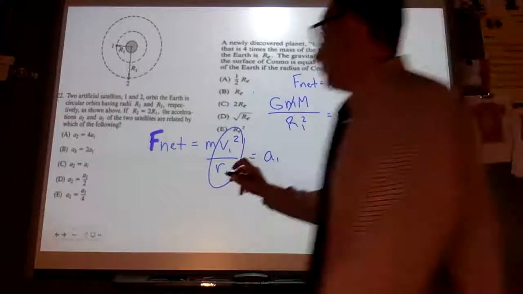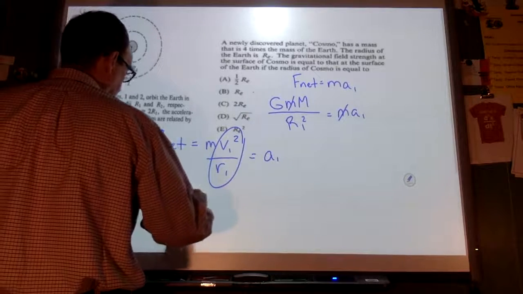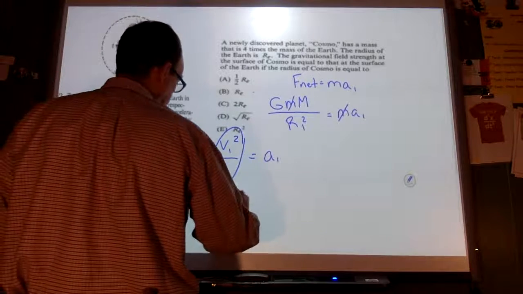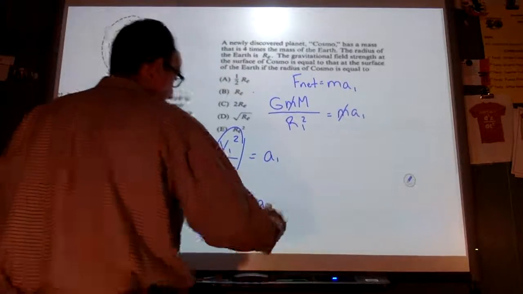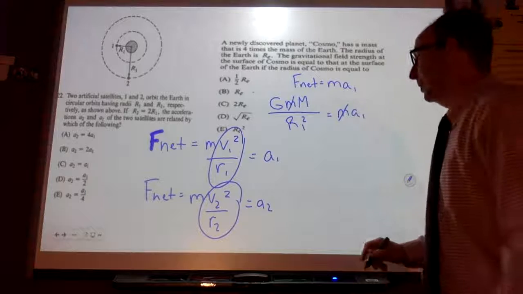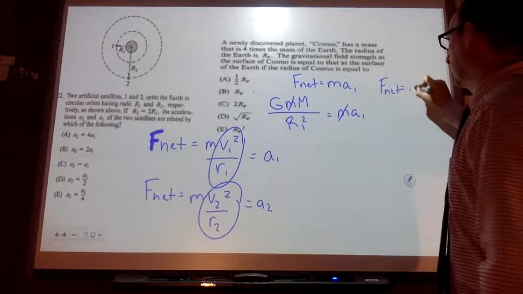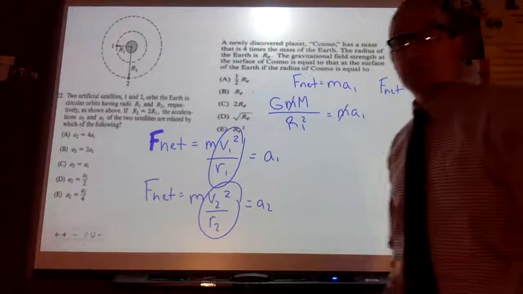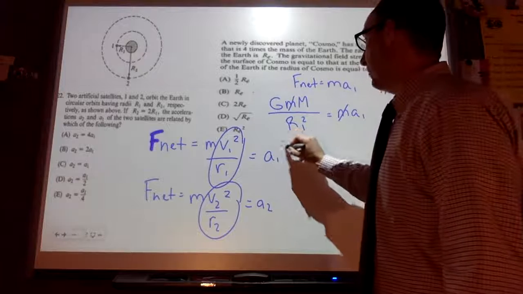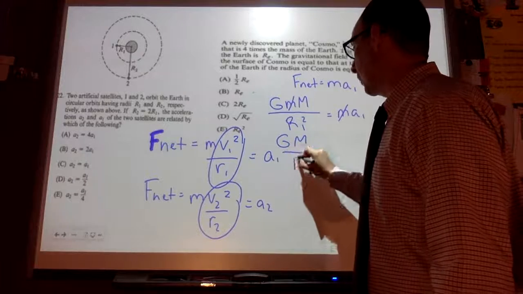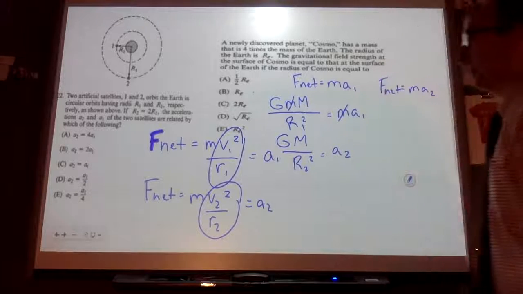All right, so the same way I did this with the first one, I'm going to do it with the second one, and say that's my second acceleration. So again, F net is going to be equal to m a2. And then I'm going to have GM over r2 squared equals a2.